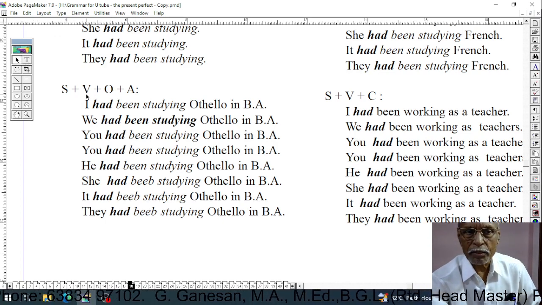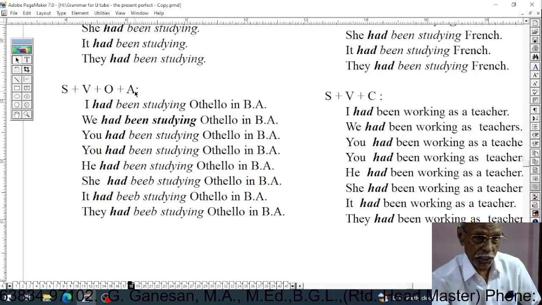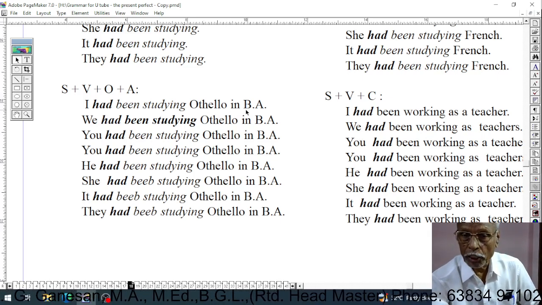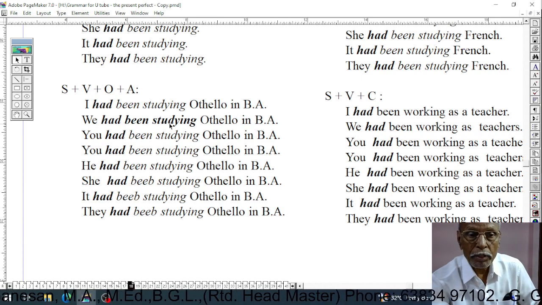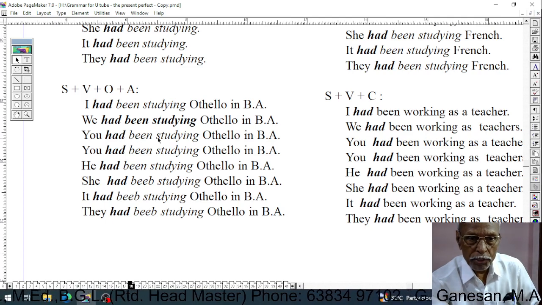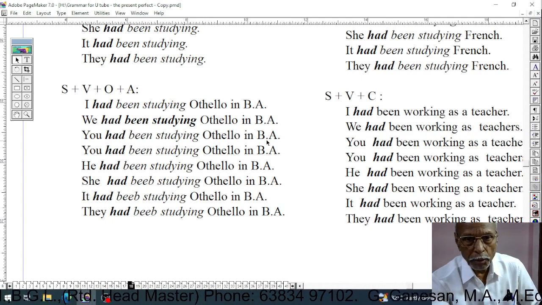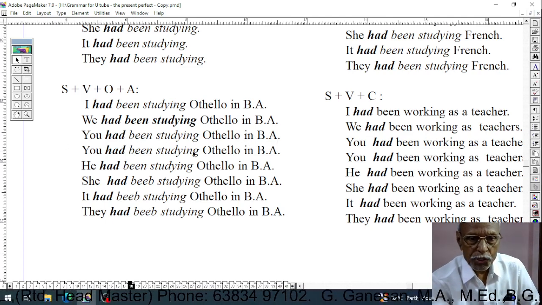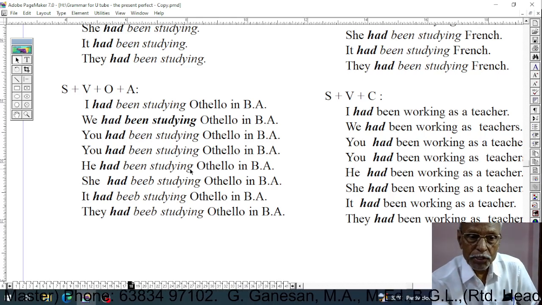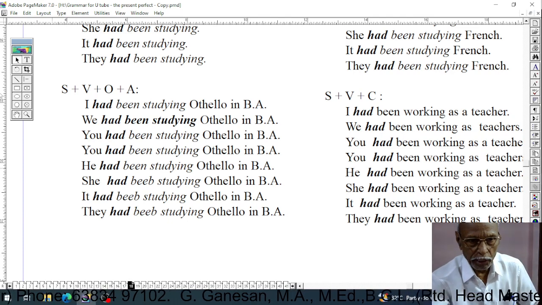SVOA: subject, verb, object and adjunct. I had been studying Othello in BA. We had been studying Othello in BA. You had been studying Othello in BA. He had been studying Othello in BA.